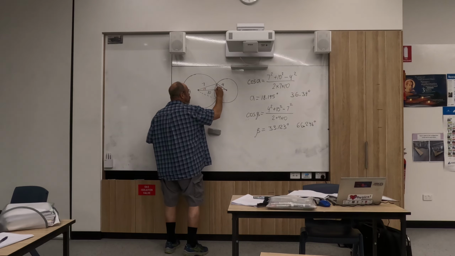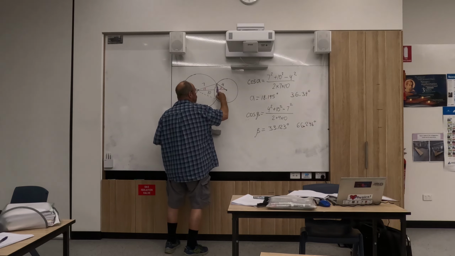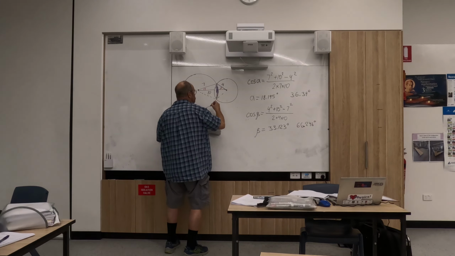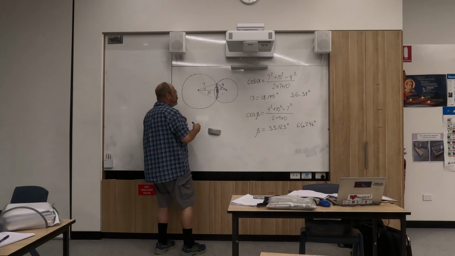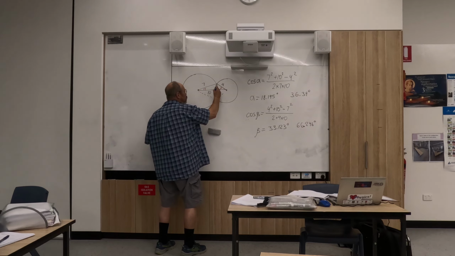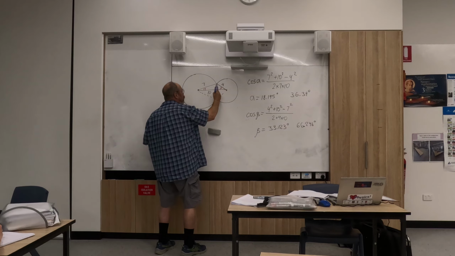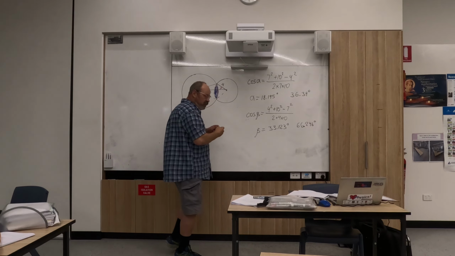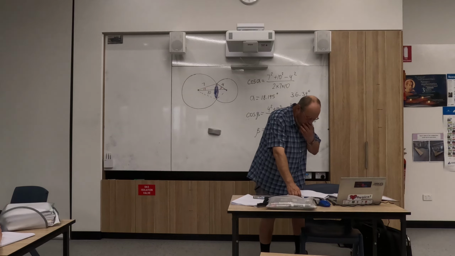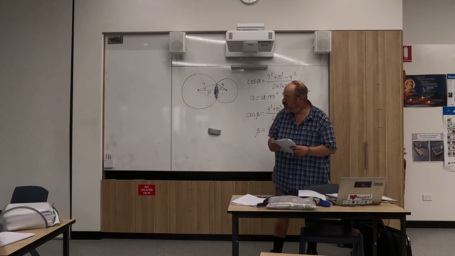So that will be the segment from the biggest circle, and this will be the segment from the smaller circle. And we know the angles, so we can calculate the area of each segment and then add them up.